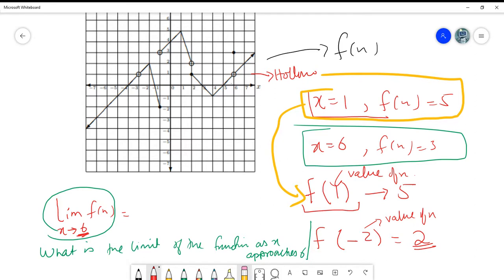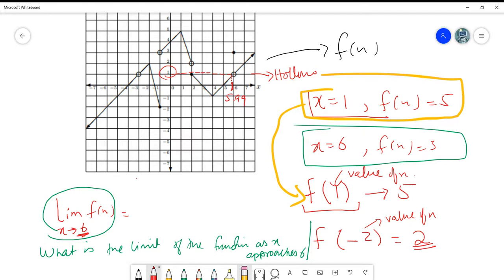So what I mean is, I don't have to look at 6 exactly on the x-axis. I'll just look at a point which is very close to 6, like 5.99. And then I'll see what is the corresponding value of y when x is 5.99. As you can see, the value is approximately 1.